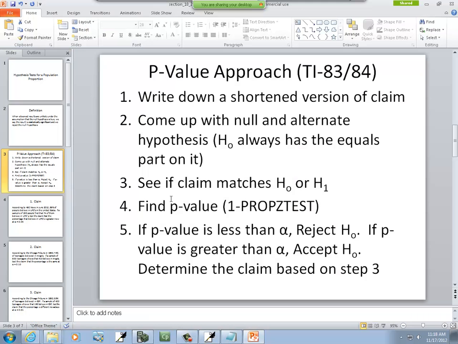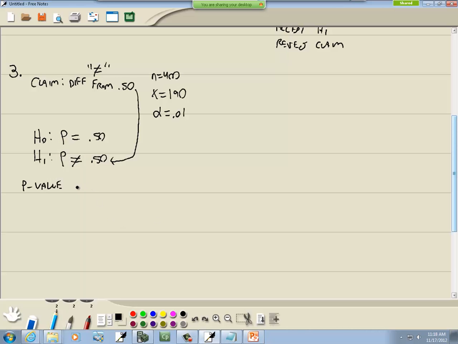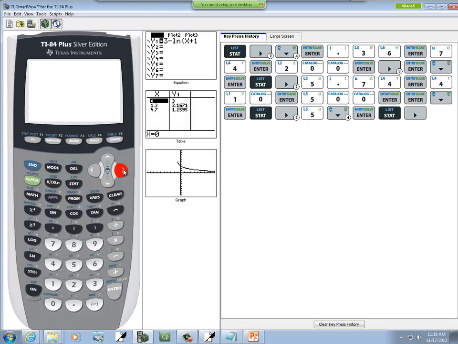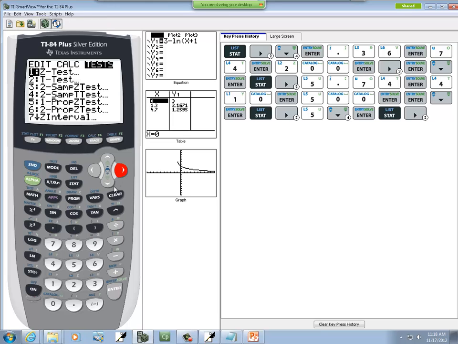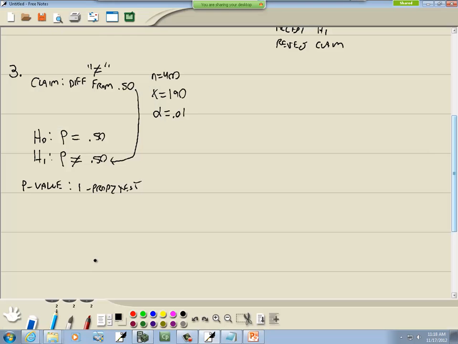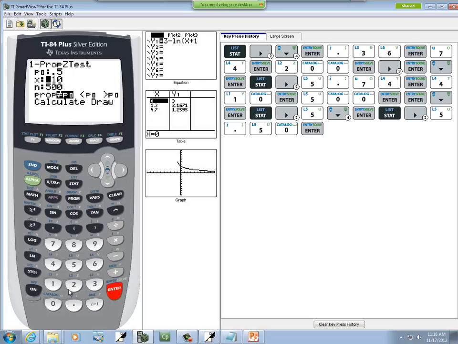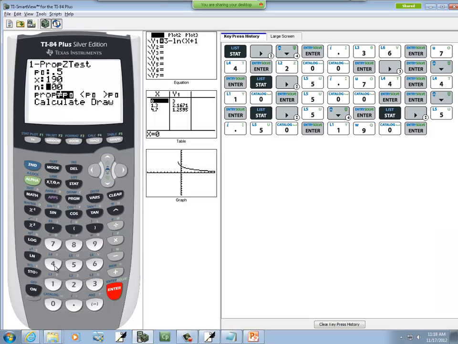And for a p-value, we use one prop z test. So press stat, choose calc or test 5. 0.50, x, which is 190, n is 400.